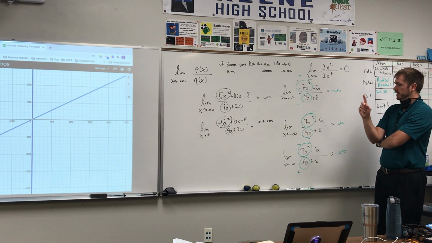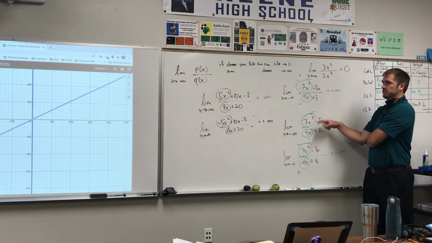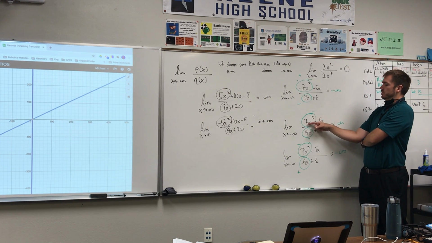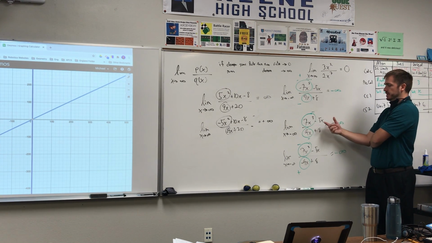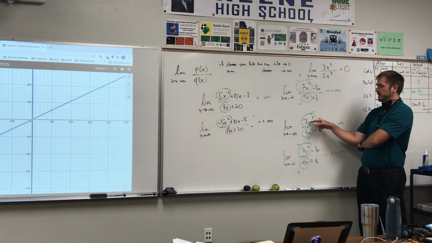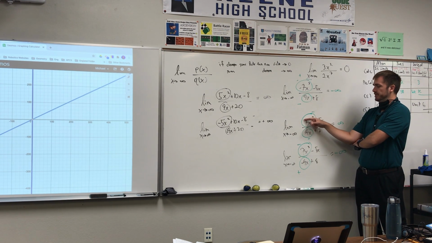You have to, number one, ask who's going to win, numerator or denominator. If it's infinity, it's the numerator. Then you have to ask what's going on with that x term. Is that x term going to end up being positive or negative? Then you have to ask what's the coefficient? Is that positive or negative? You've got to multiply that in your mind and figure out whether that product is going to be positive or negative.